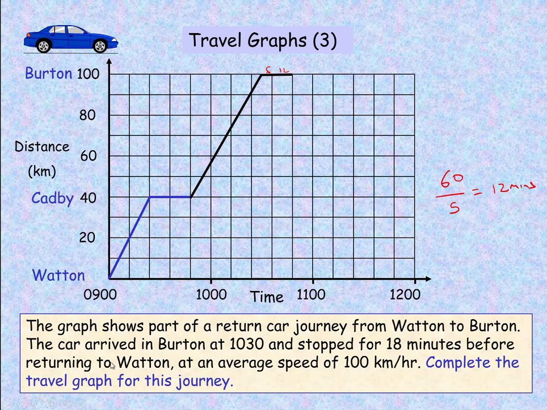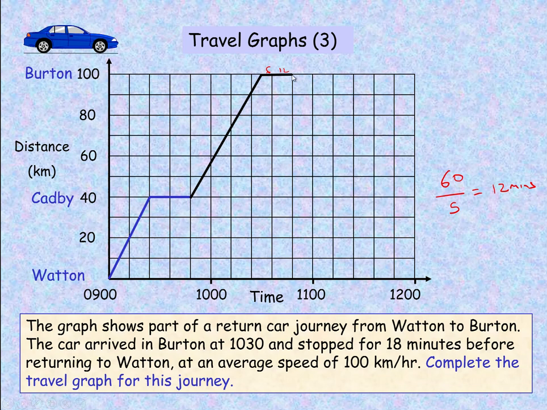And then it returns to Watton at an average speed of 100 kilometers per hour. Okay, so it takes 1 hour to do the journey, and it's starting here. It's going to be 12, 24, 36, 48 minutes. So 10:48, and it takes an hour to do at a speed of 100 kilometers per hour. It's going to travel 100 miles.